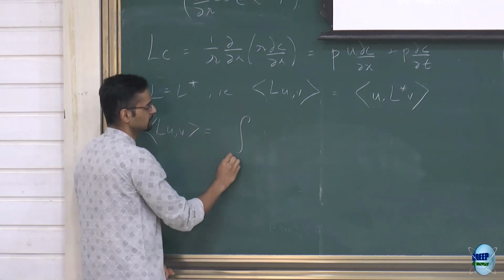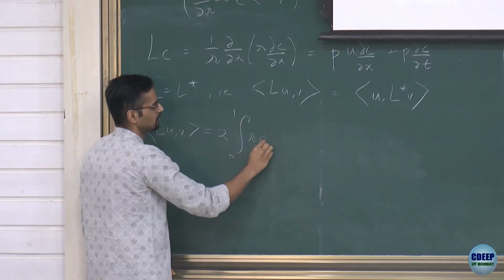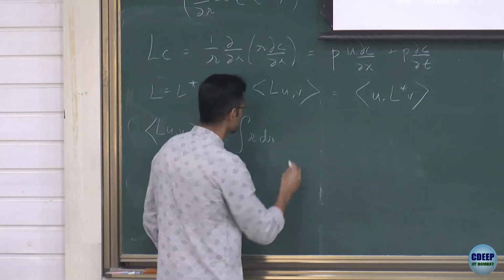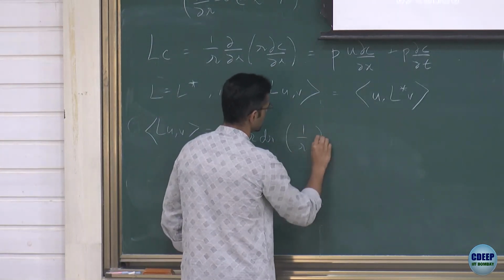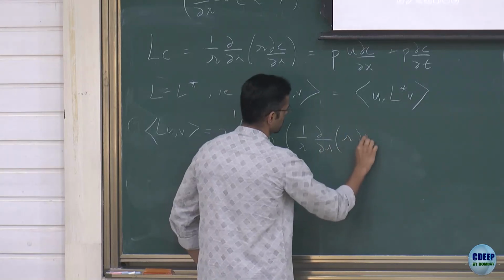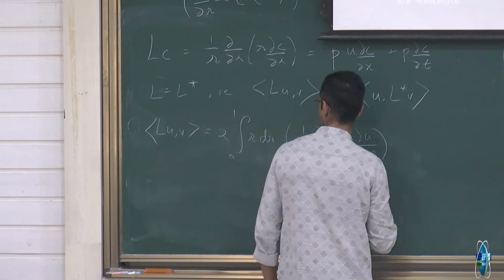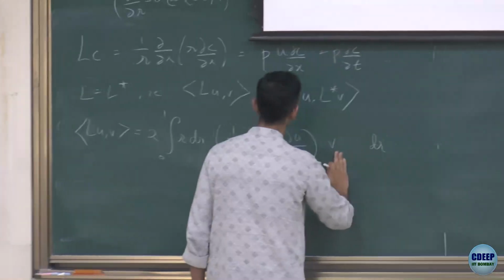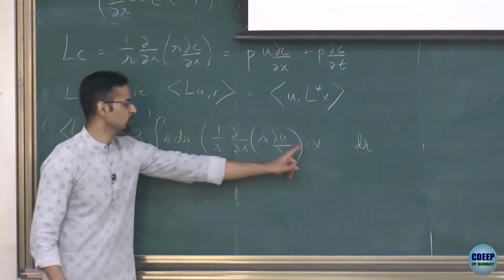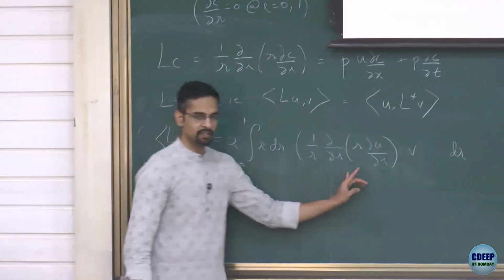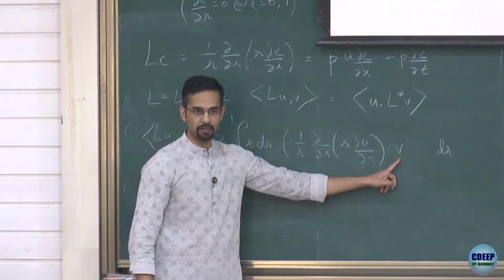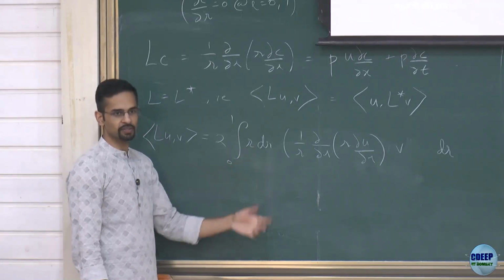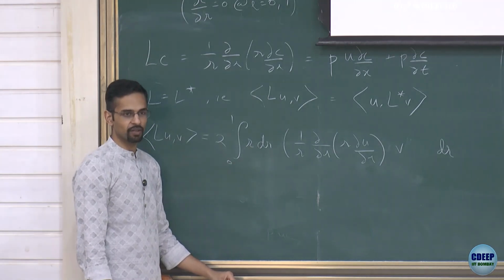It is the integral R dR of L acting on some function u of R, times V of R. V is a function of R, U is a function of R. LU projected on V means multiplied by V and take the appropriate integral. The weight function R here is put because the inner product in this cylindrical coordinate space has the R.